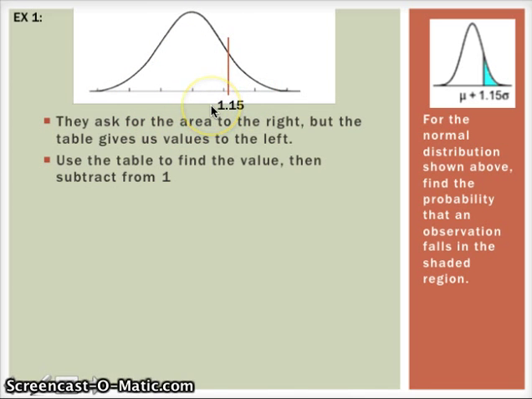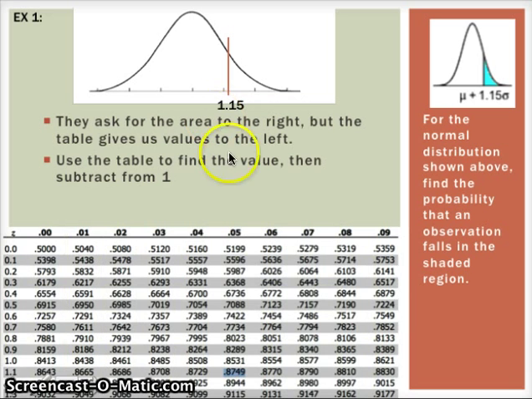Looking at my table, I can look up 1.15 by coming to 1.1 and then over to the 5. I can see that z of 1.15 gives 0.8749. That is the number on the left side of the curve.